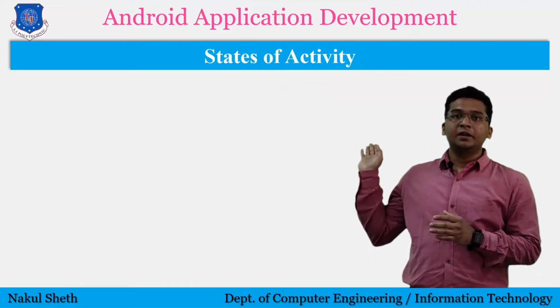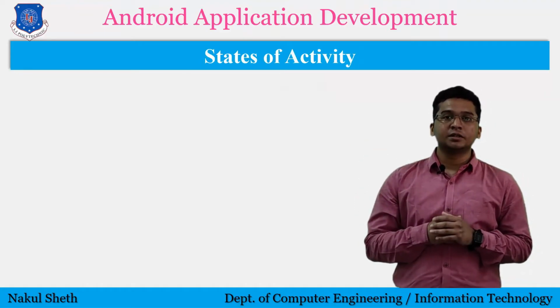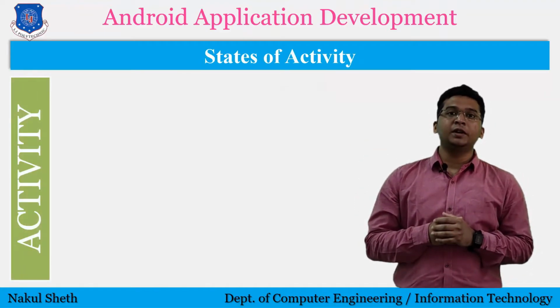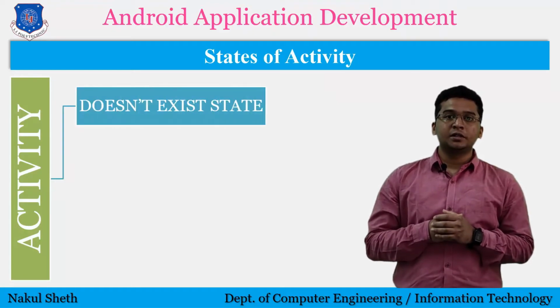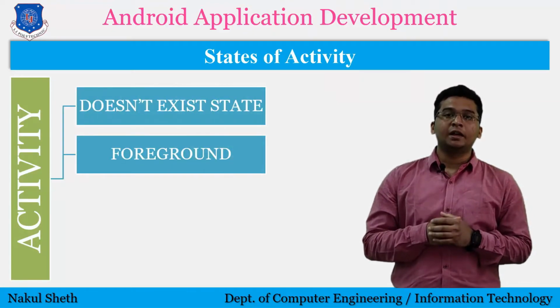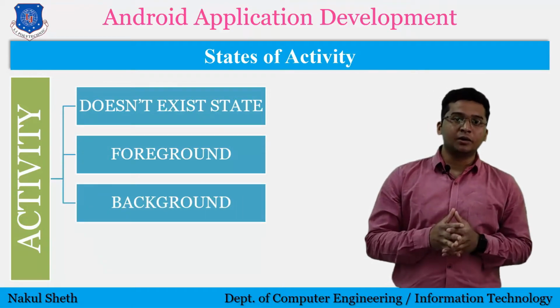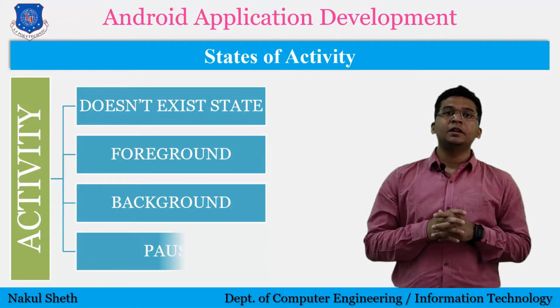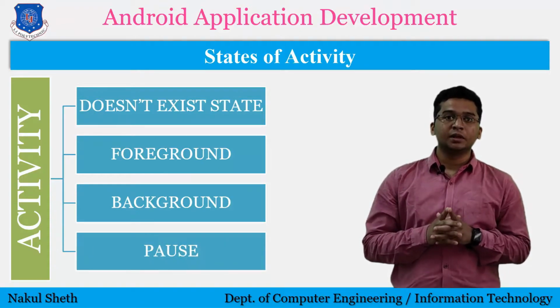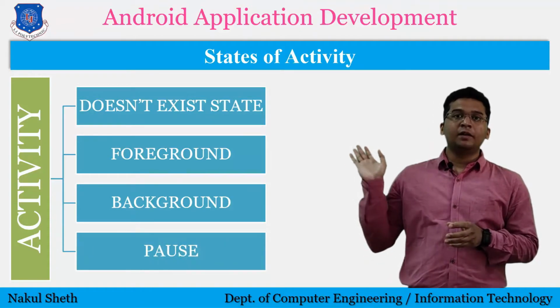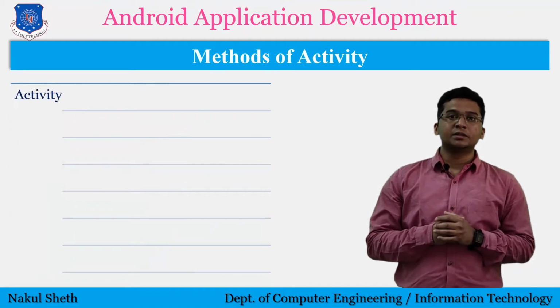So this activity has four different states. The first state of an activity is the doesn't exist state. Second is the activity is in foreground state. Third is the activity is in background state, and the activity is in pause state. Now, this activity has 7 different methods.